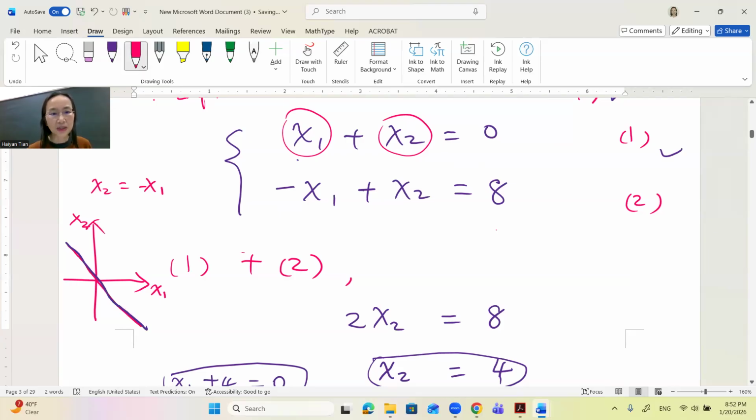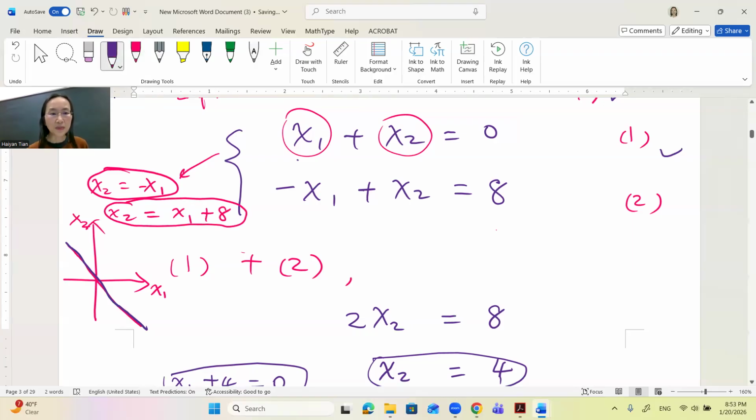The first equation is written as this, and the second equation is x2 equals x1 plus 8, putting x1 on the other side. So you see, the second equation has a slope of +1, positive, with 8 as the y-intercept. So I'm going to draw a line with positive slope and y-intercept 8.